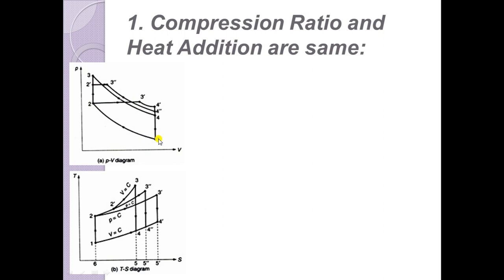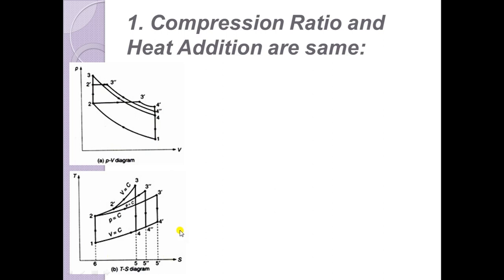The cycle 1, 2, 3 dash, 4 dash and 1 represents diesel cycle. The cycle 1, 2 dash, 3 double dash, 4 double dash and 1 represents the dual cycle.